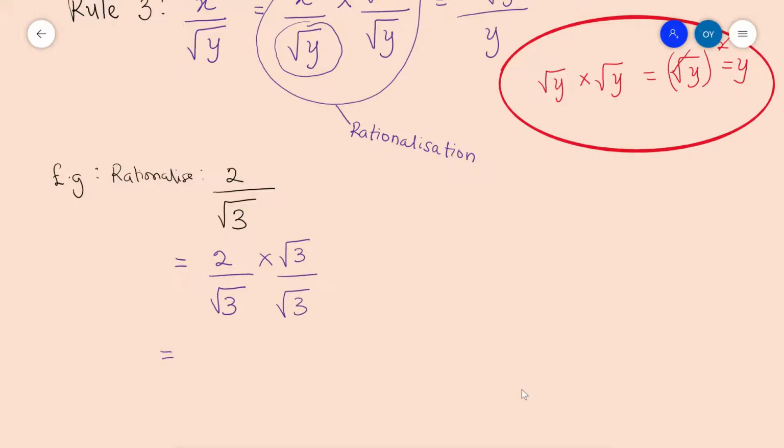So 2 times root 3 is 2 root 3, and root 3 times root 3 is root 3 squared. But remember that square cancels square root, so this is 2 root 3 over 3, and that's our final answer. So 2 over root 3 is 2 root 3 over 3 in short form.